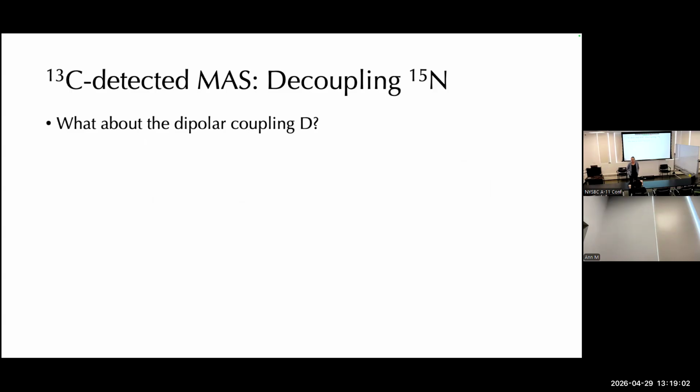And what would the difference be? How would the dipole coupling differ from the J coupling? Or how would it be the same? It's in the same form, I_z S_z, right? Or what did you just say?